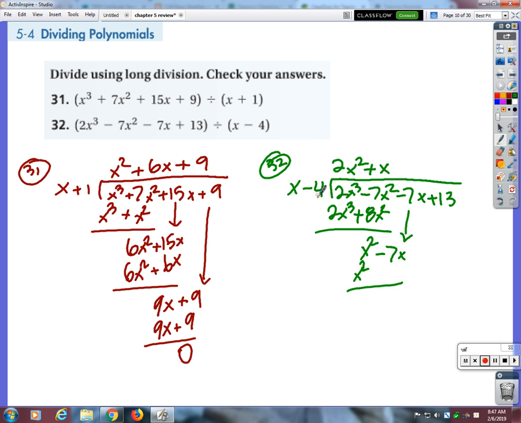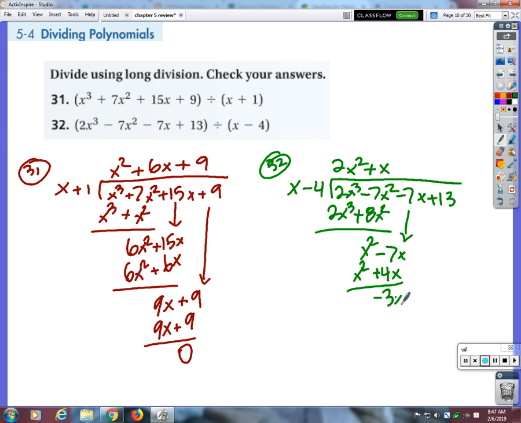What's x times negative 4? Negative 4x. Good. Alright, so same thing we just worked through with Carter. We're subtracting, okay? So if I go negative 7x minus negative 4x, I'm really going negative 7x plus 4x. What do you get from that?